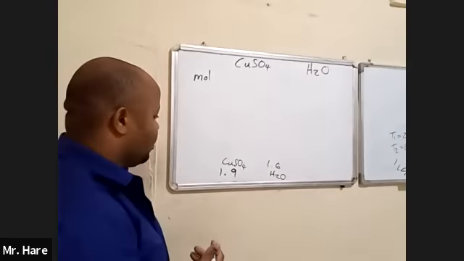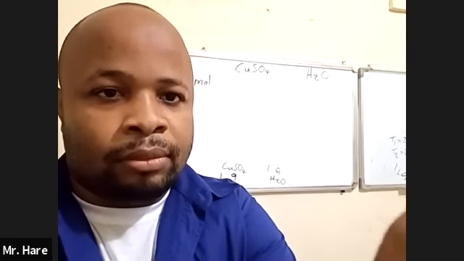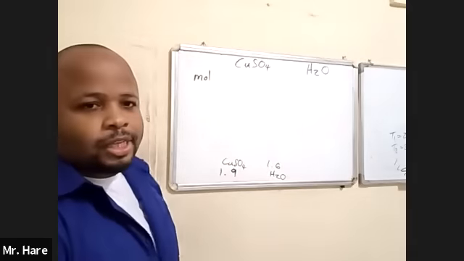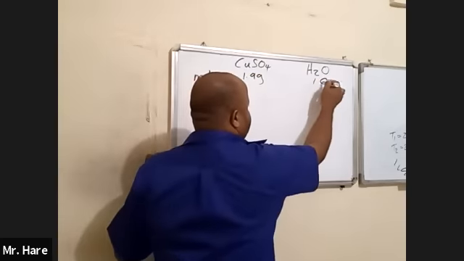So for copper sulfate, the mass is 1.9 grams. And for water, the mass is 1.6 grams.